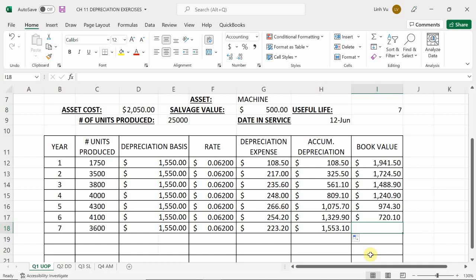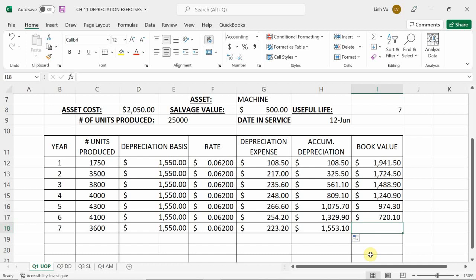Okay. So now 1553.10. We got this number minus 2,050.00. Okay. 1553.10.